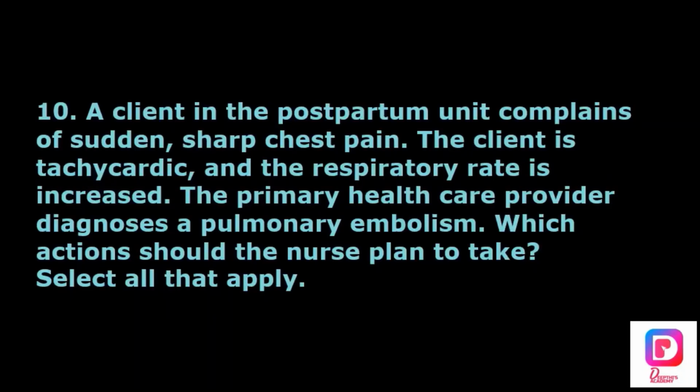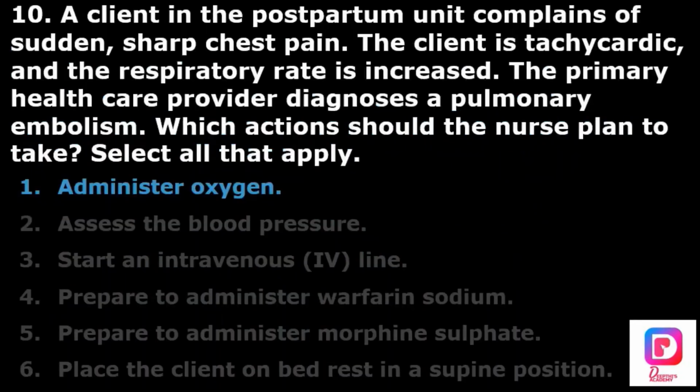A client in the postpartum unit complains of sudden sharp chest pain. The client is tachycardic and the respiratory rate is increased. The primary healthcare provider diagnoses a pulmonary embolism. Which actions should the nurse plan to take? Select all that apply. Option number 1, administer oxygen.